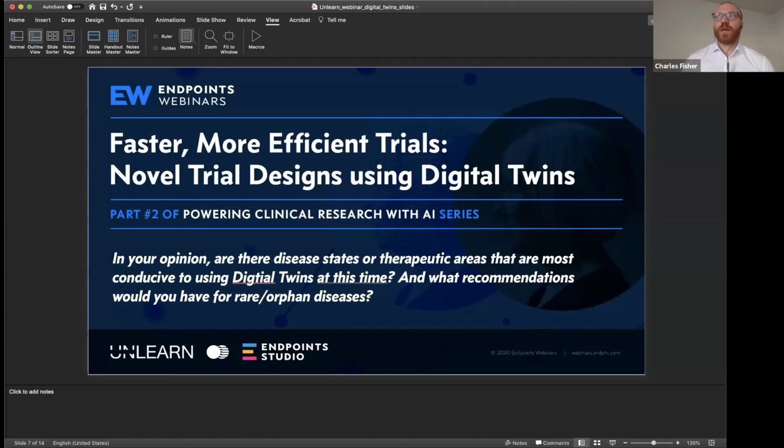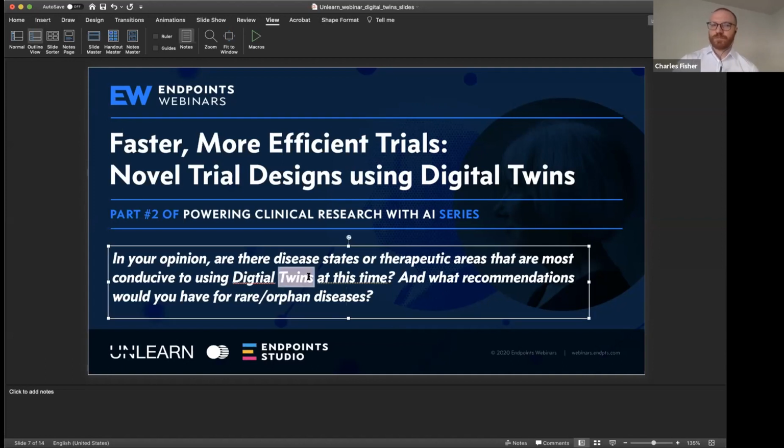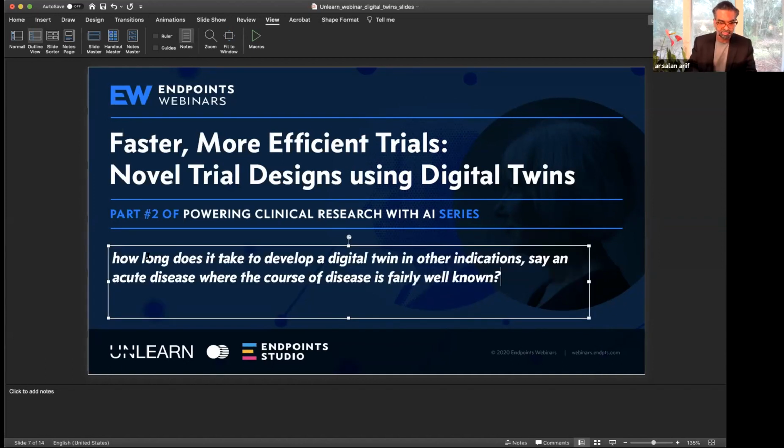And because of the way that our models work, as they're longitudinal models that predict changes over time, the size of a data set is something like the number of patients times the length of follow-up. So for rare disease, even if you don't have a very, very large patient population, if you have a sufficiently long period of follow-up in your natural history study, you may still be able to take this kind of approach.